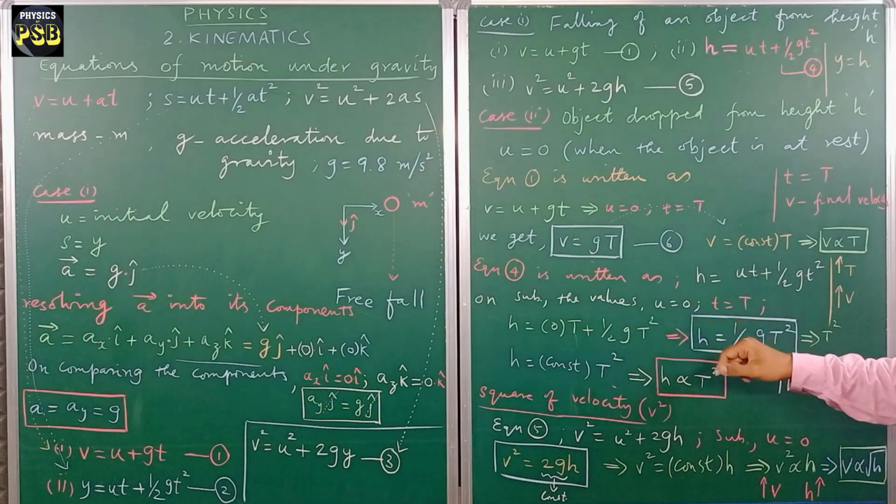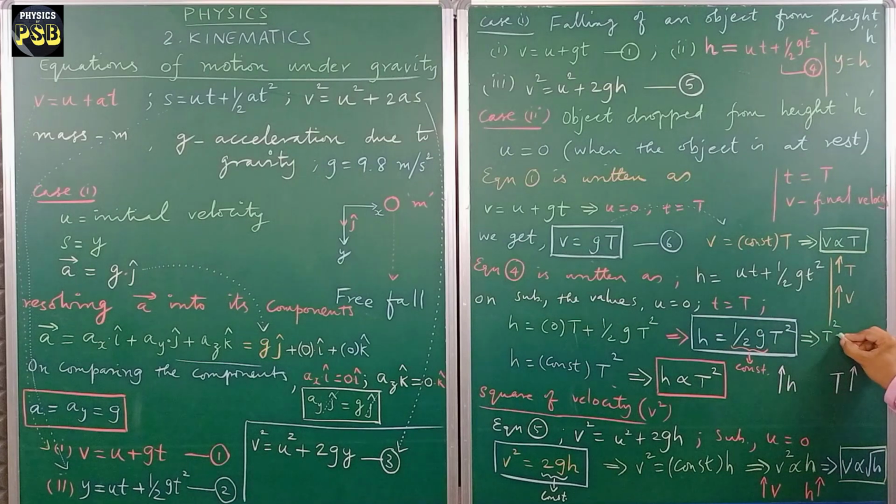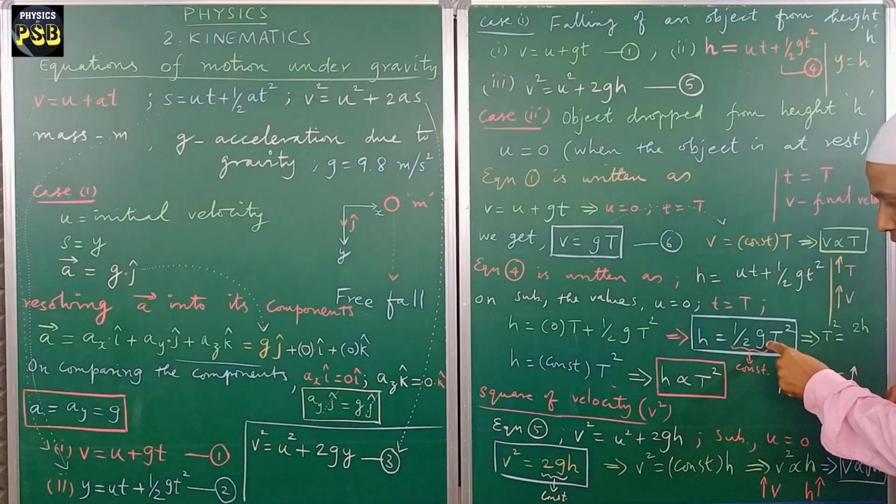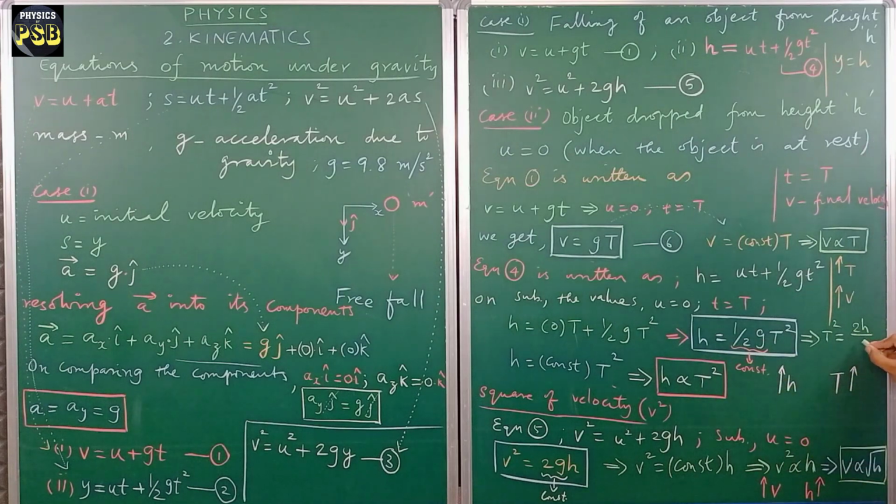When it is taken to the other side, it will multiply. What I get is 2h. Now g is in the numerator. When it is taken to the other side, it will divide. This is how the t square value is obtained. It is equal to 2h upon g. Now from this, if you take the square root, you will get the value of t to be equal to root of 2h upon g. Clear?